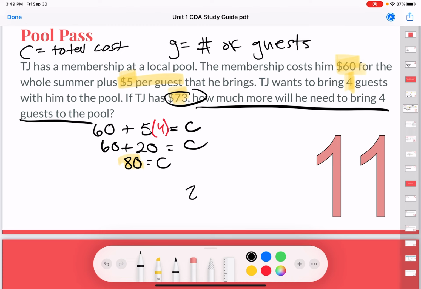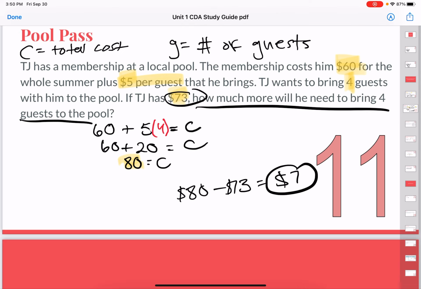And so the answer is going to be 80 minus 73. So he needs $7. So TJ needs just $7 more if he wants to bring 4 guests to the pool.